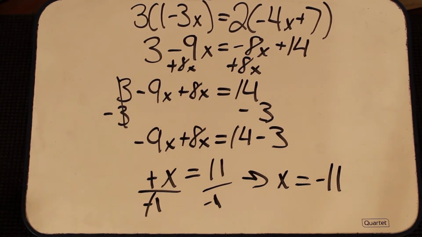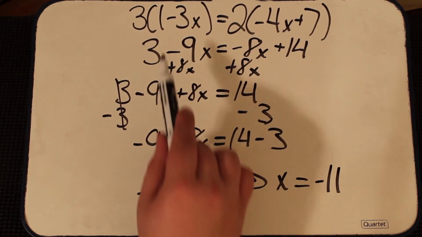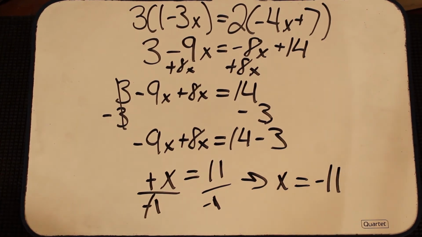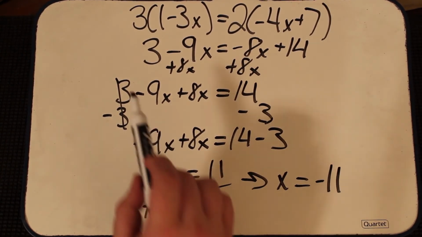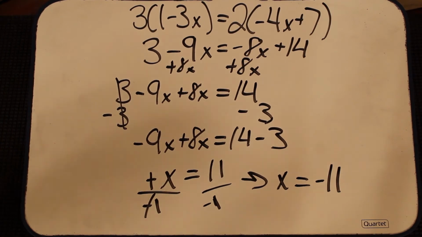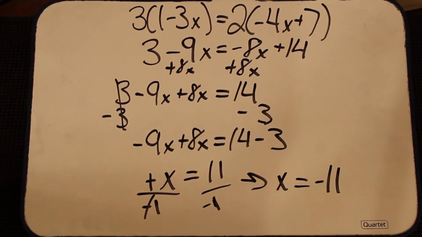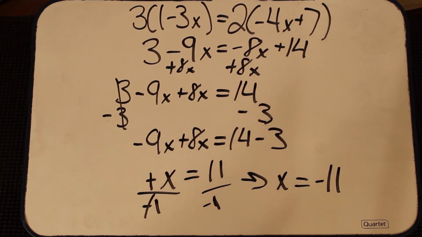Now, let's recap what we just did here. We started out with this really long equation, one that required you to distribute on both sides. So, we did that. When we distributed, we got 3 minus 9x equals negative 8x plus 14.